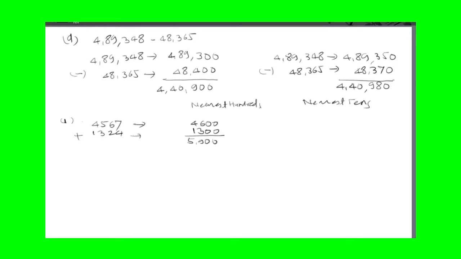And for nearest tens, 4,567 becomes 4,570, and 1,324 becomes 1,320. So on adding we get 5,890.